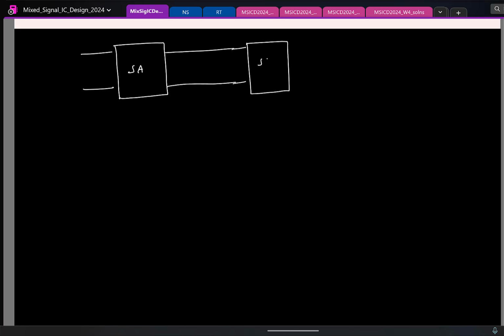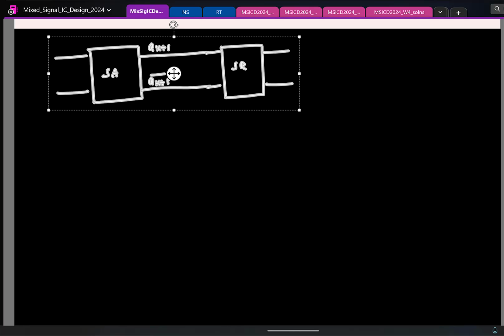So again, let me take a differential case, and let's even consider I don't have a preamplifier. I directly feed the differential inputs to the StrongARM latch, and the output of this is given to the SR latch finally to hold the output. And let us say this is the K plus 1th branch, the K plus 1th comparator.